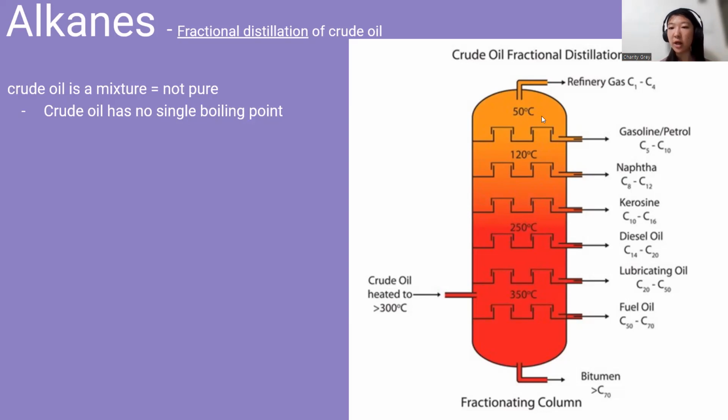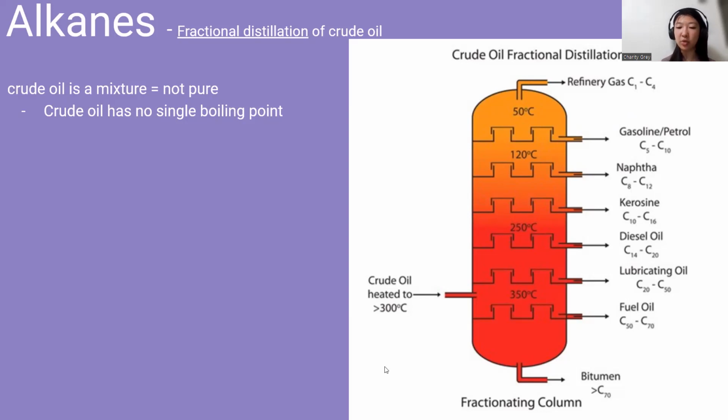That's not very hot. Water needs to get up to 100 degrees Celsius to boil. So for methane, ethane, propane, and butane, you just heat to 50 degrees Celsius and immediately it comes up and evaporates here.